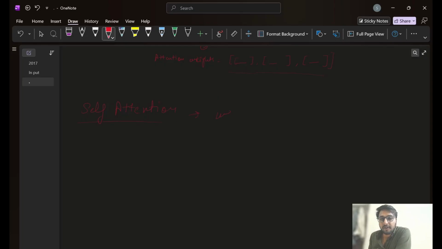Because we are getting information about which word is important inside the same sentence.